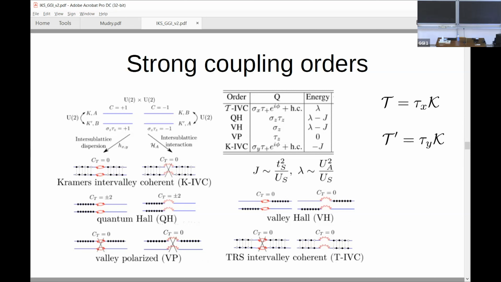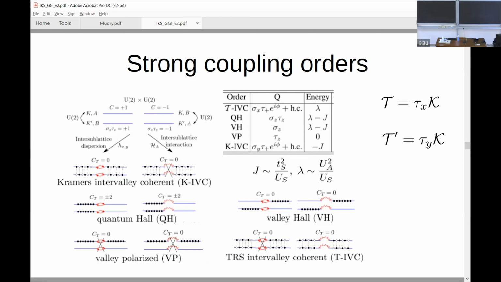And what this tunneling is going to do is, if you've got a state like the quantum Hall state, for example, it's going to allow tunneling between this band and this band, and via the standard Anderson superexchange argument, this will lower the energy of the state by an amount t squared over U, which I call J. And so indeed, you see that the quantum Hall state has lowered its energy by an amount J because it allows for this hopping between the bands.